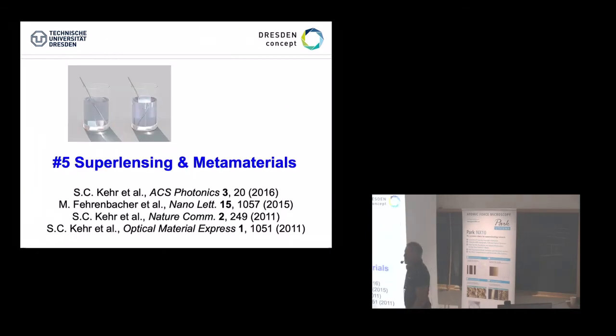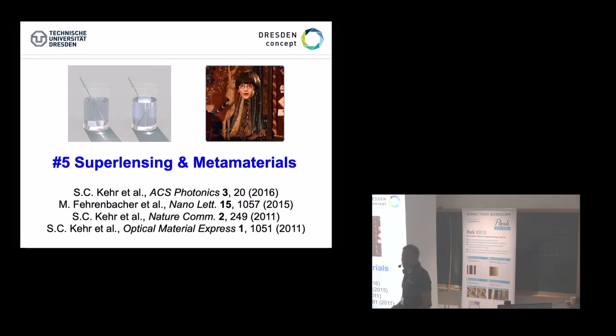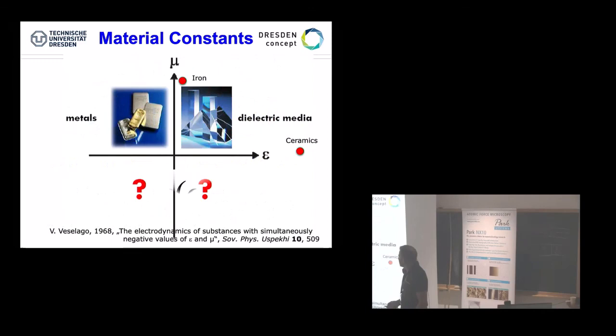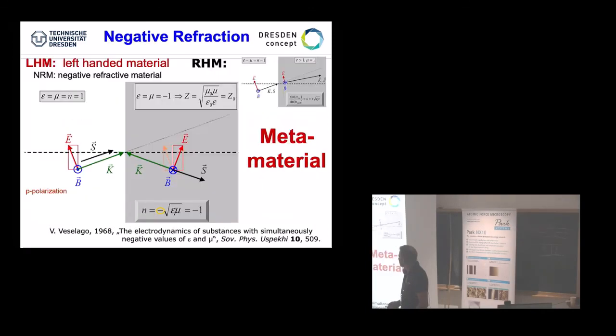Since I have only 5 minutes, I would like to skip the superlensing stuff, because that would be very interesting stuff to go off on negative refraction. What I wanted to show you is something where we have so-called left-handed materials, where we have not diffraction that goes on the right side, but goes opposite.